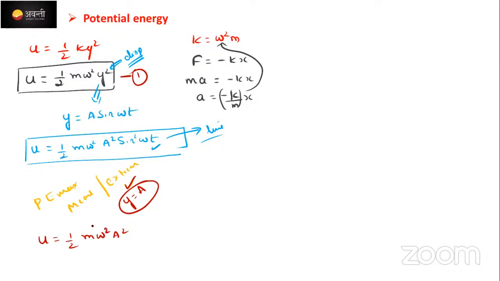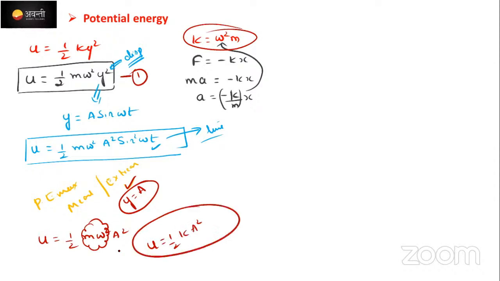Right, and then this m omega square we can replace by k again. Hence the potential energy will become half k a square. Look, this is now one of the important equations among the three. Why, I will tell you later. These are very important equations, guys. Potential energy maximum, what is the equation?